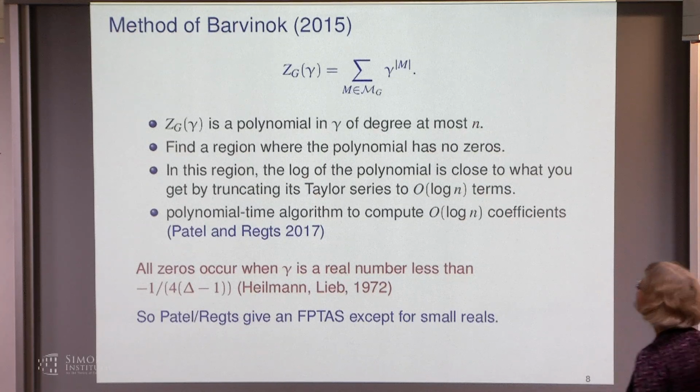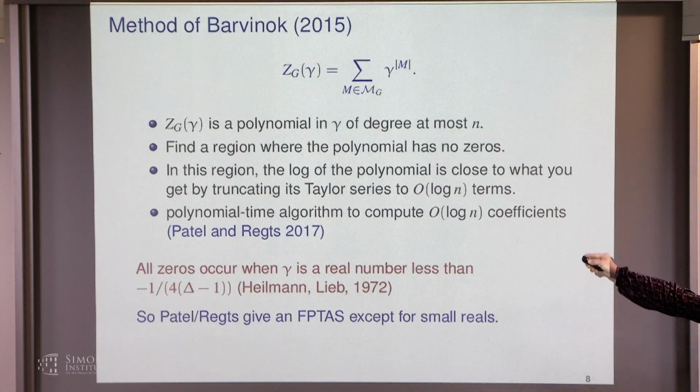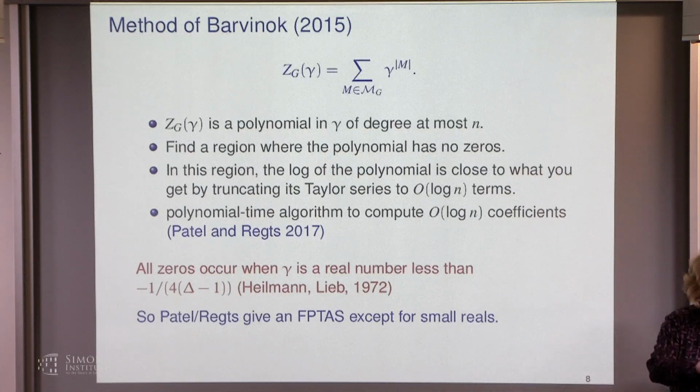So what is the Barvinok philosophy or algorithm? I'll do this quickly because we've seen it before. Look at our polynomial. The degree is not too high. Certainly it's at most n over 2 or whatever. So I suppose I can find an open set in the complex plane where the polynomial is not 0.